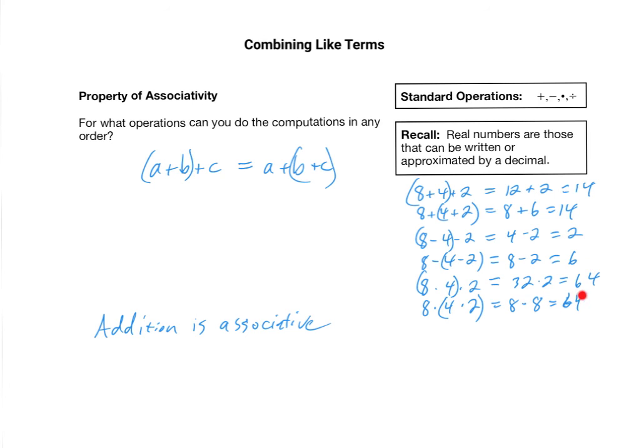Notice we get the exact same result, and that actually happens no matter what three numbers we're multiplying. So A times B times C is the same thing whether you do the A times B first or the B times C first. You get the same thing. So multiplication is what we call an associative operation.